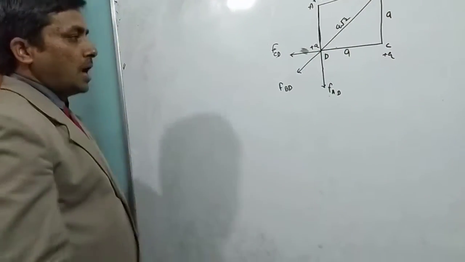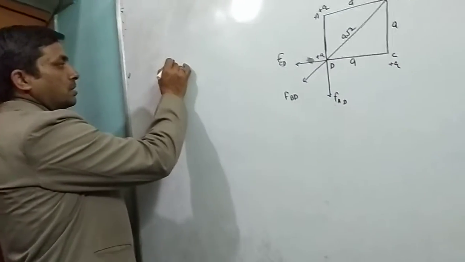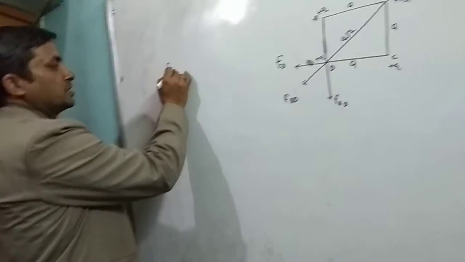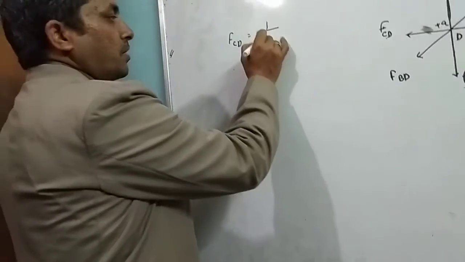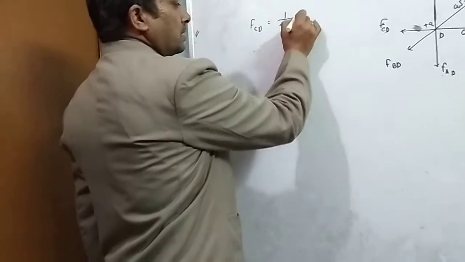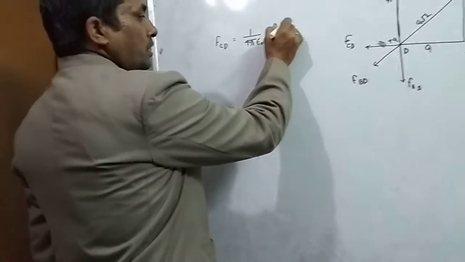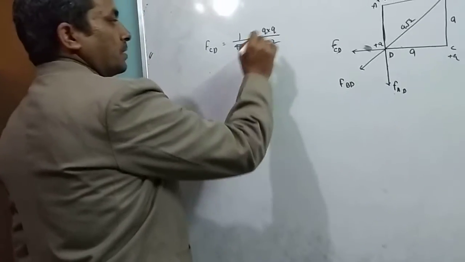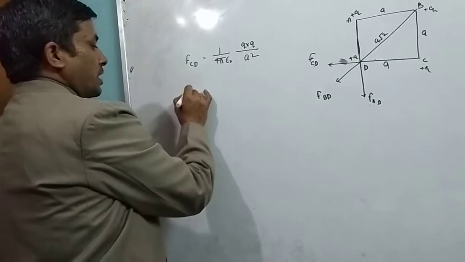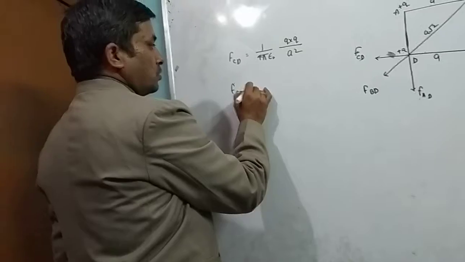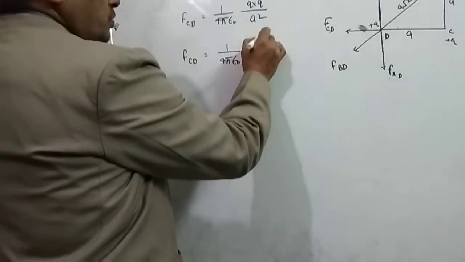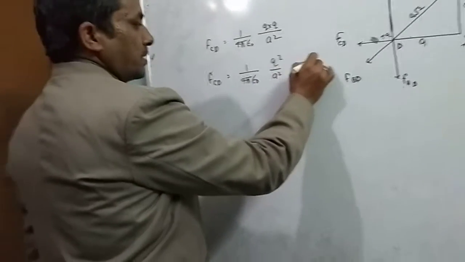Due to electric force, F CD is equal to 1 upon 4 pi epsilon naught Q into Q upon A square. Q into Q is equal to A square. F CD is equal to 1 upon 4 pi epsilon naught Q square upon A square.